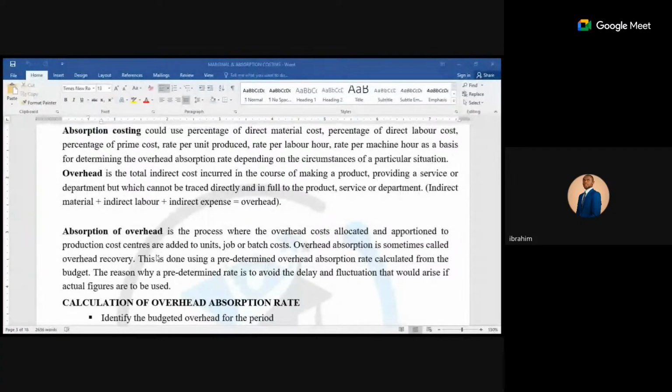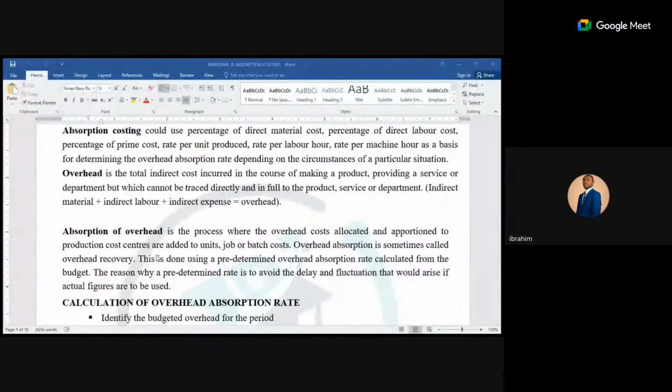A predetermined overhead absorption rate means that when you want to determine your overhead absorption, you want to know the number of units, the cost per unit that you consumed. Another name for overhead absorption rate is predetermined overhead absorption rate, or predetermined rates.